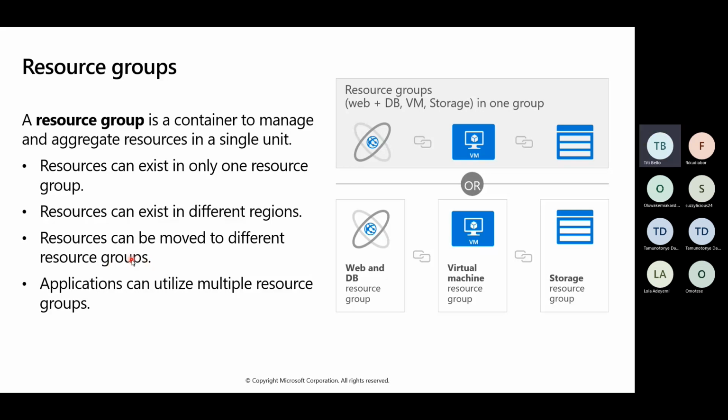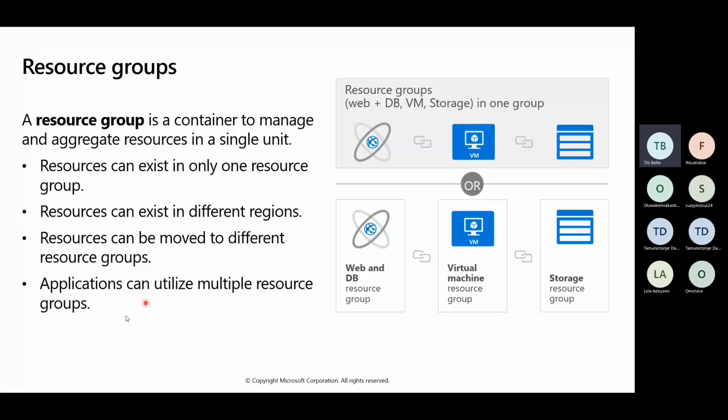You cannot move a resource that way. You have to recreate it in the North Central US region, because the moment you create a resource in a region, you can't move it away from that region. You remain in that region. However, you can move it from one resource group to another resource group.